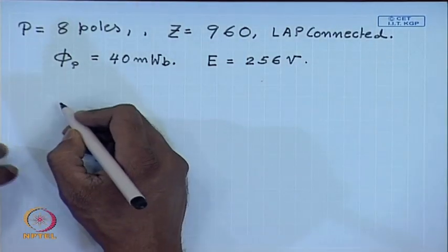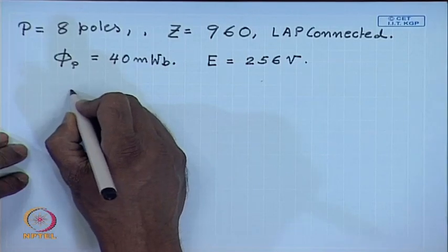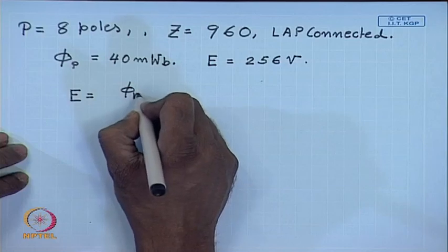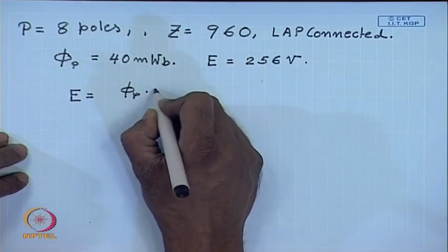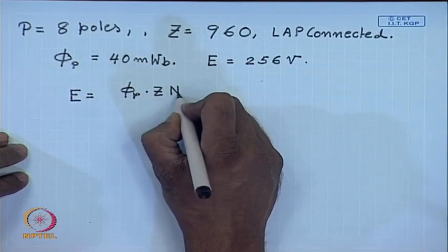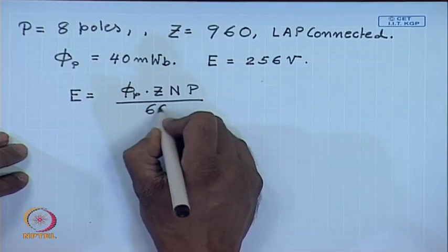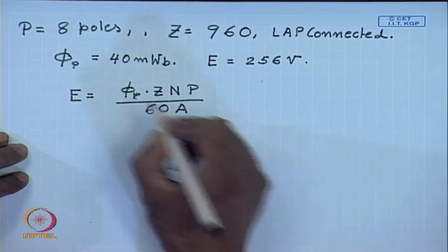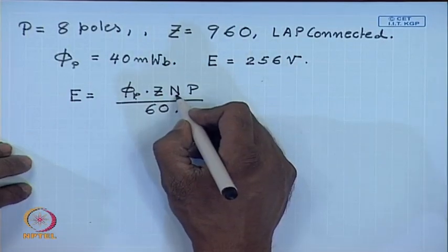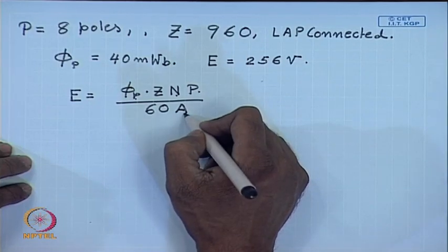This is a straightforward application of the formula of induced voltage, which is given by E equal to phi p Z n p by 60 A, where phi p is the flux per pole, Z is the total number of conductors, n is the speed of rotation in rpm, p is the number of poles and A is the number of parallel paths.